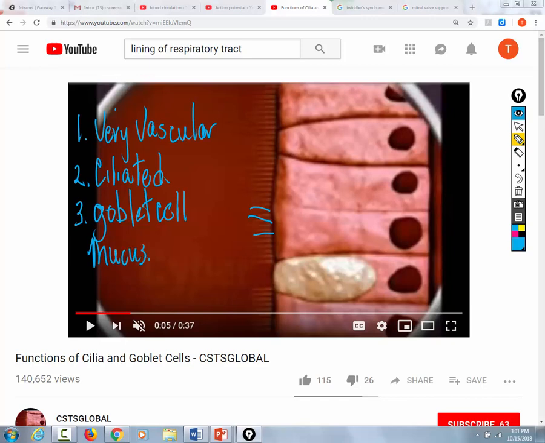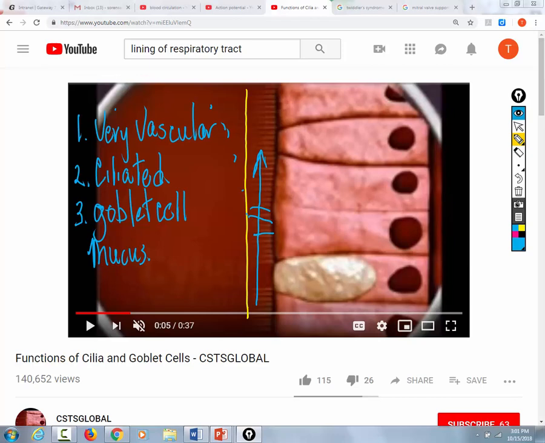So the function of the mucus is to trap any impurities that are in the air, and then that mucus rides on the cilia. Any bad stuff that entered will be caught by that mucus blanket, and then the cilia will beat that mucus along with the goo that it caught to the back of your throat.